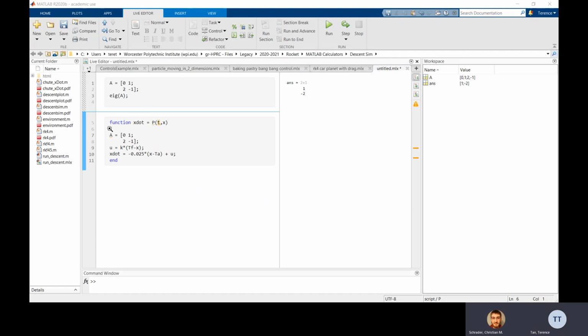Wait, so X is also a matrix. X is a vector. Well, I guess a vector is technically a matrix, but it's a 2x1, yes.